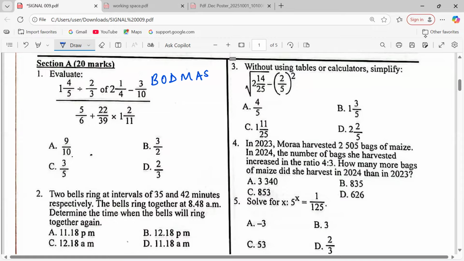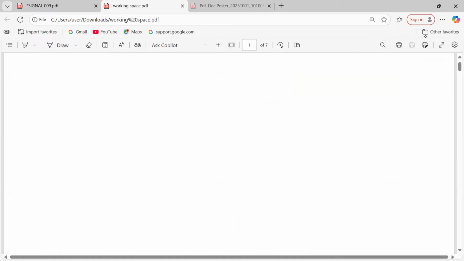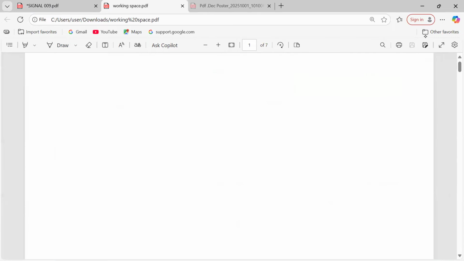So we begin with brackets, and when we look at the numerator in this case, there is no brackets anywhere, but we can see "of". Therefore, we shall be computing that now. I will also be changing these numbers from mixed numbers into improper fractions for efficiency, like 1 and 4 over 5, that becomes 9 over 5.